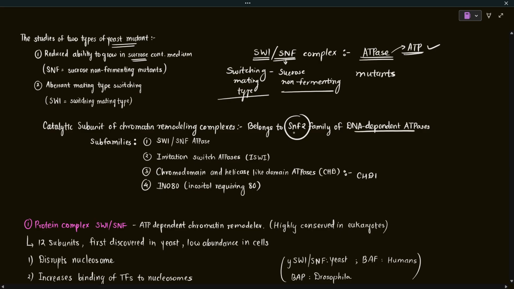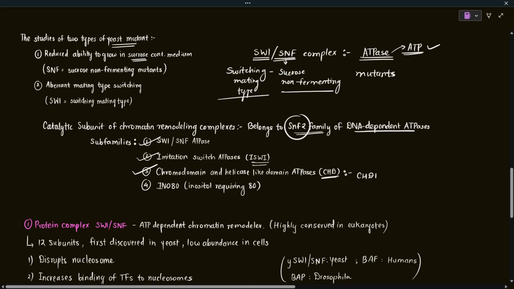This SNF2 family of DNA dependent ATPases has different subfamilies: the SWI-SNF family, the imitation switch ATPases, also known as ISWI, and the chromodomain and helicase-like domain ATPases, CHD.